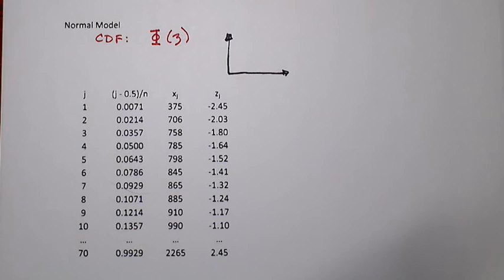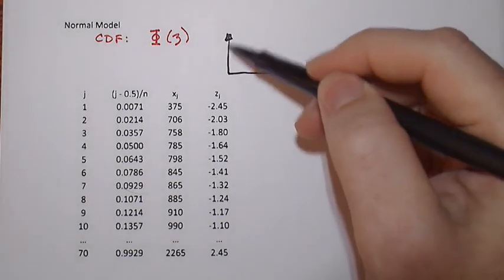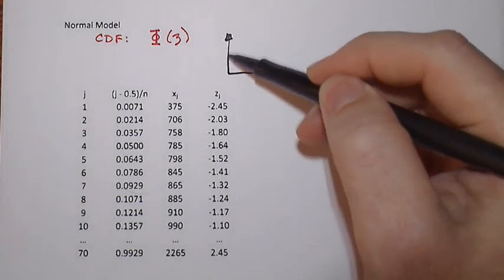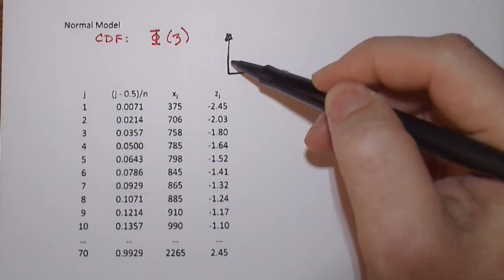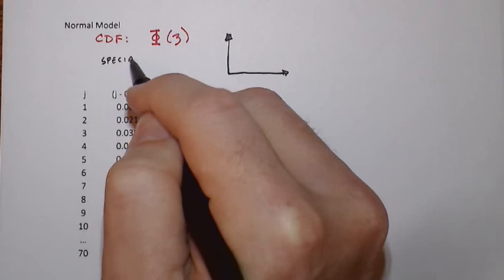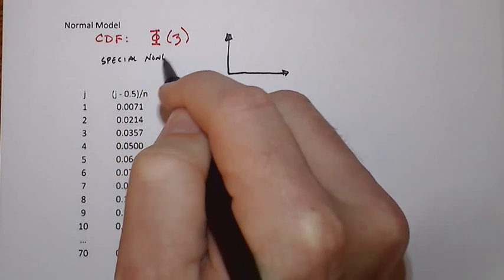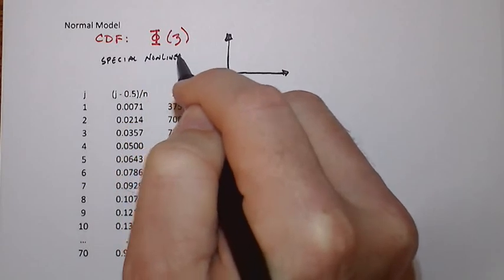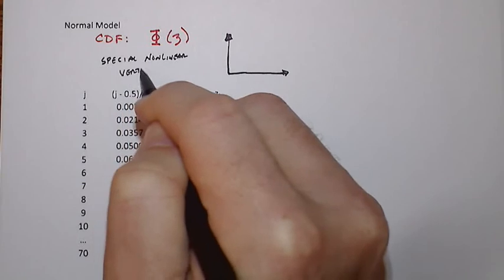And that means your vertical axis is going to be a nonlinear scale, right? And if you looked at the old days of the actual paper, you'd see this special nonlinear vertical scale for the normal probability paper.